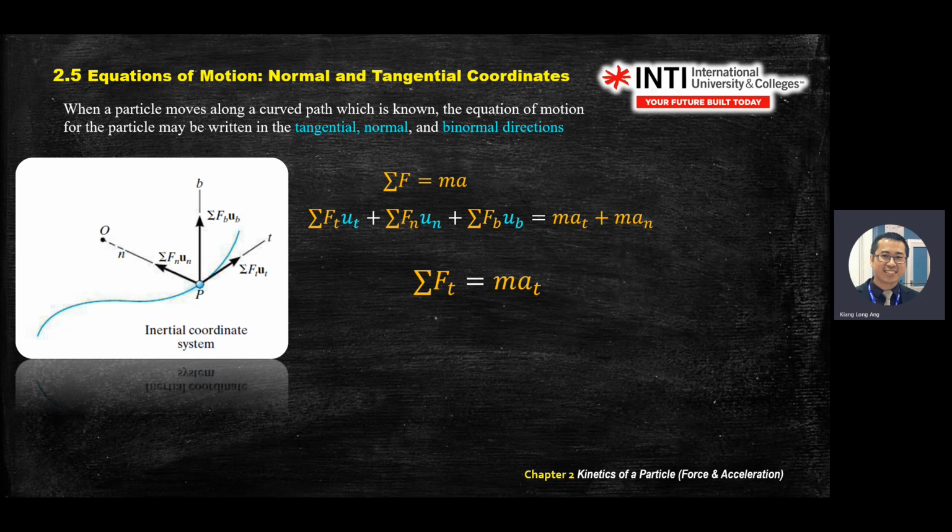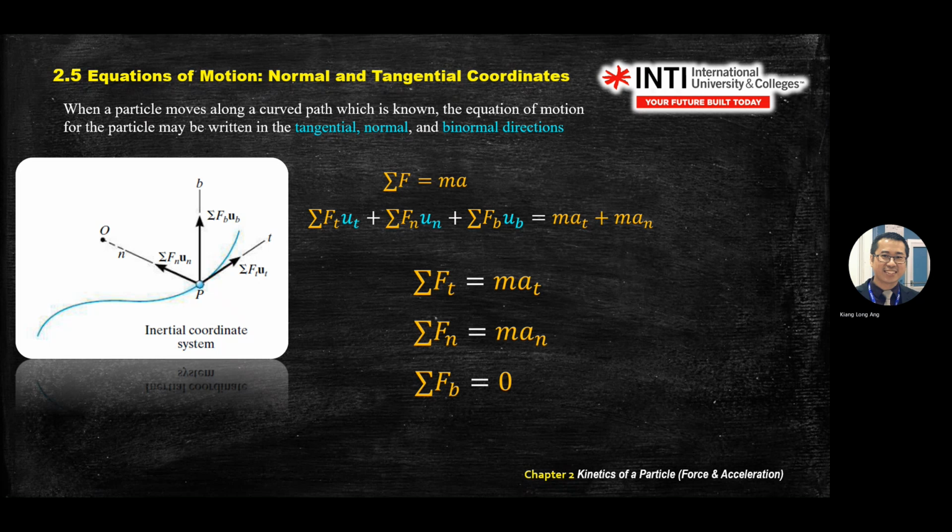Tangent with tangent, you get force in tangent equal to mass times acceleration in tangent. Mass is not a vector, mass is a scalar component. Mass doesn't have direction. Okay, same with the rest. In this case, because the particle moves on the surface of the paper, it means it moves in a 2D dimension.